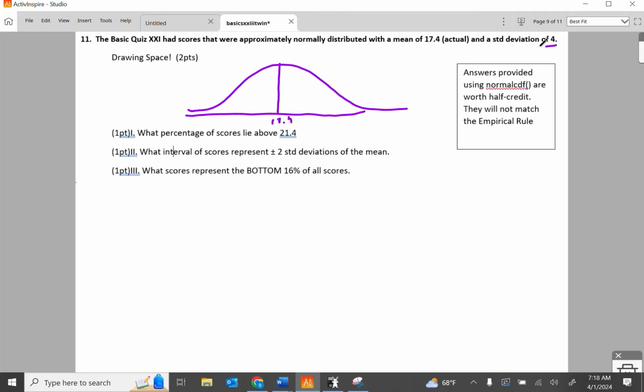Since we have a standard deviation of 4, we'd have a 21.4, 25.4, and then 29.4. If we take away 4, I'd have 13.4, 9.4, 5.4. There was a couple of kids in second period that, because I graded a little bit of their class, were below the 5.4.